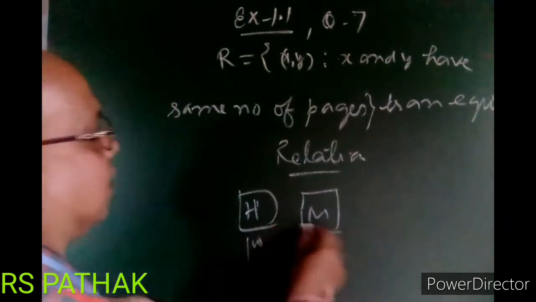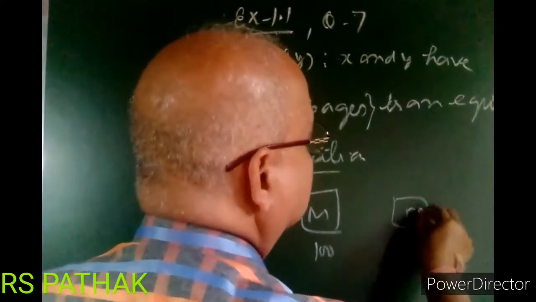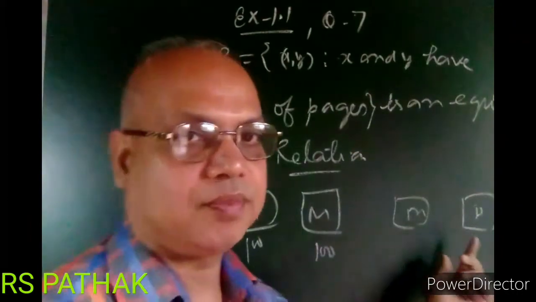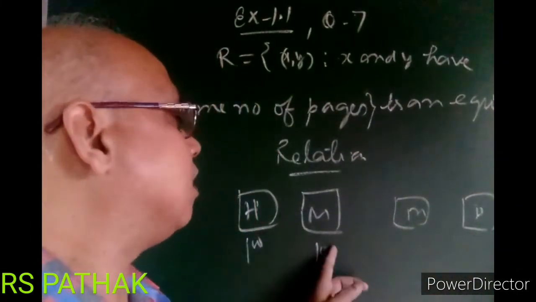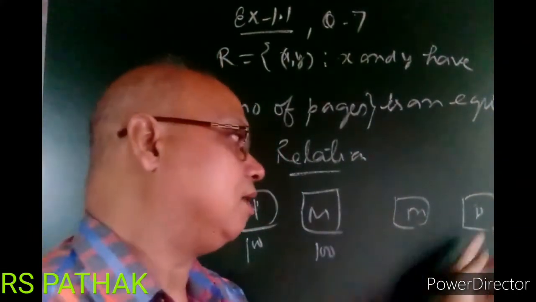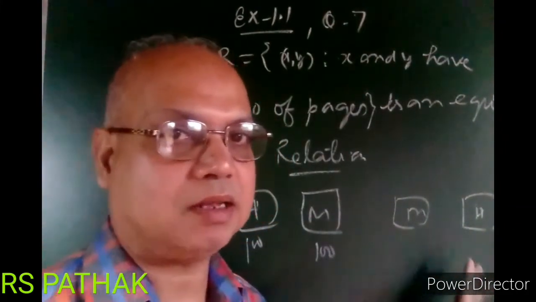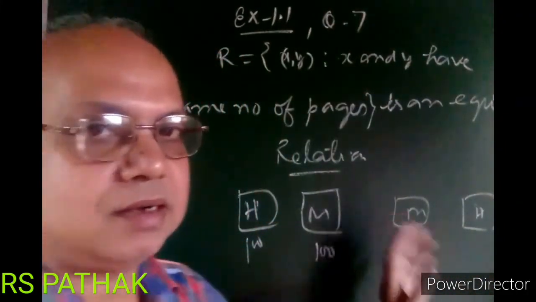If I change the place, math, Hindi, then the number of pages are again the same. Math, Hindi, math, Hindi. Then the number of pages will be the same. Then this will satisfy the symmetric relation.